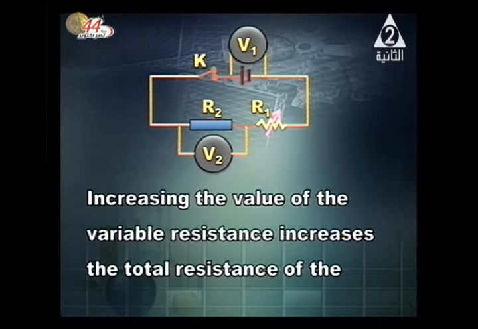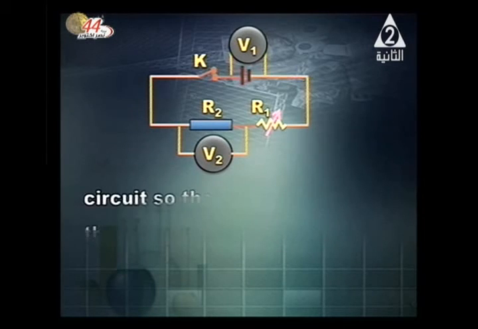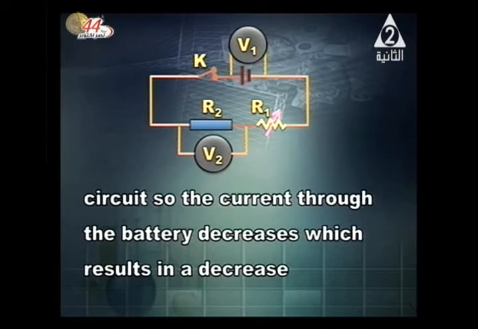So increasing the value of the variable resistance increases the total resistance of the circuit, so the current through the battery decreases. When the current decreases, the internal voltage decreases. And when the internal voltage decreases, the external voltage increases.